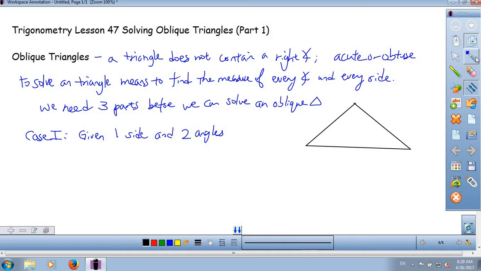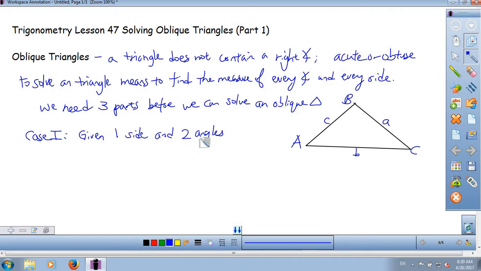Now, usually we use triangle ABC to indicate our triangle here, and so A, B, and C indicate the angles A, B, and C, and then for the opposite sides we use lowercase a, lowercase b, and lowercase c, so we know which side is opposite to which angle, using this notation.